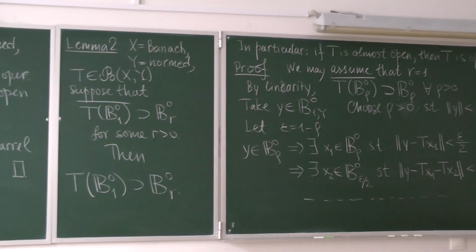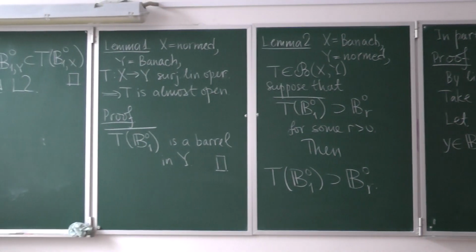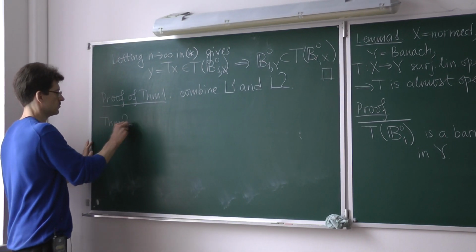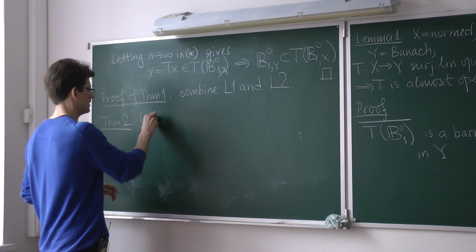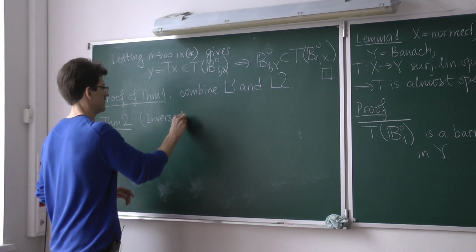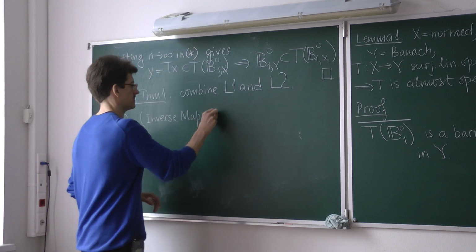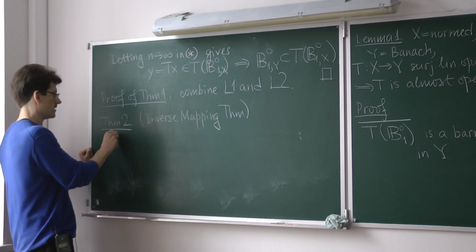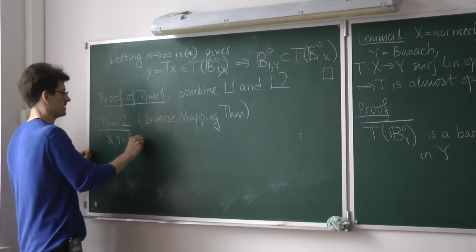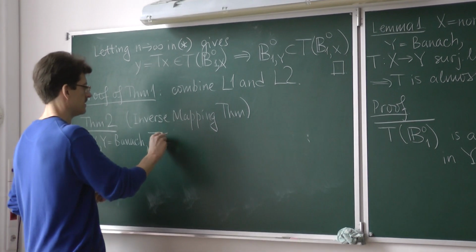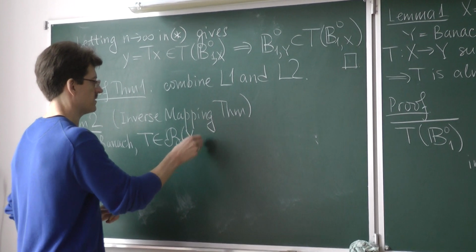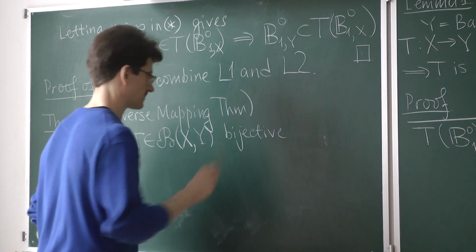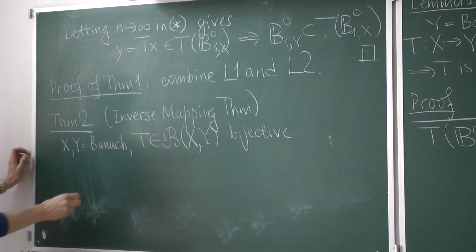Let's now look at some corollaries, which are actually equivalent forms of the open mapping theorem. Theorem 2, this is the so-called inverse mapping theorem. If X and Y are Banach spaces, and T is a bijective bounded linear operator from X to Y, then T is a topological isomorphism.